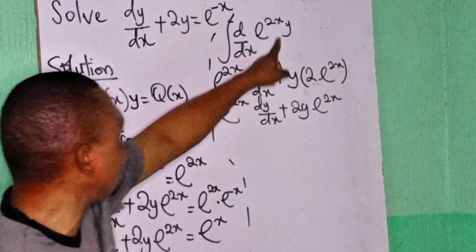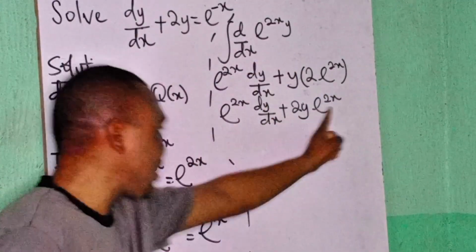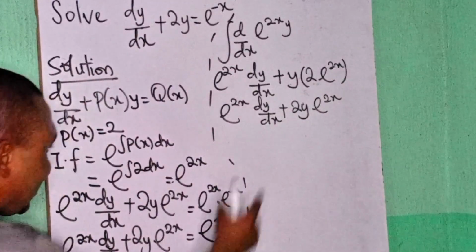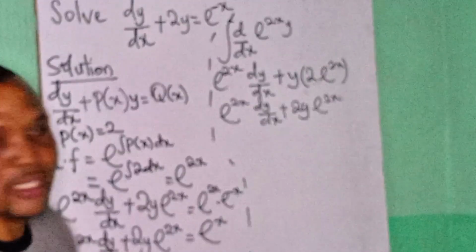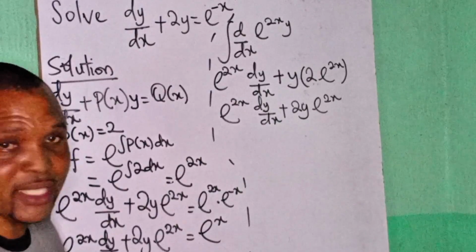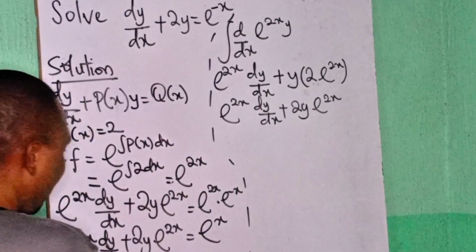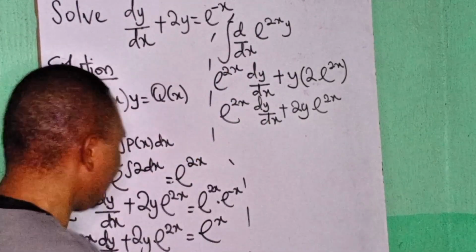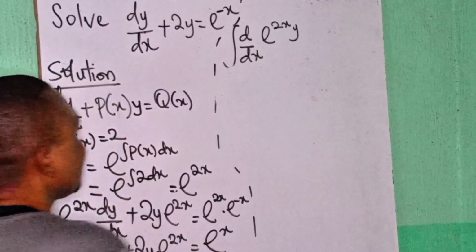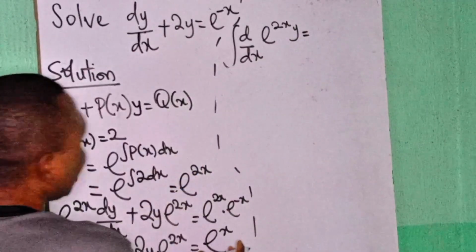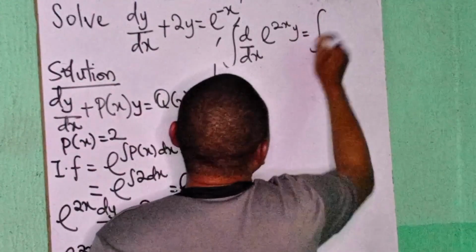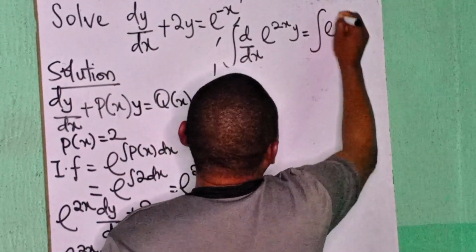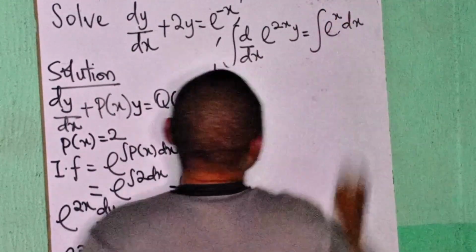We differentiated this, and then we are getting this. Am I communicating? We are getting the same thing. So I will not be wrong if I write this as this. All right, is that clear? Good. I'm still going to integrate this, applying the sign of integration here, so I'm having this, e to the x dx.